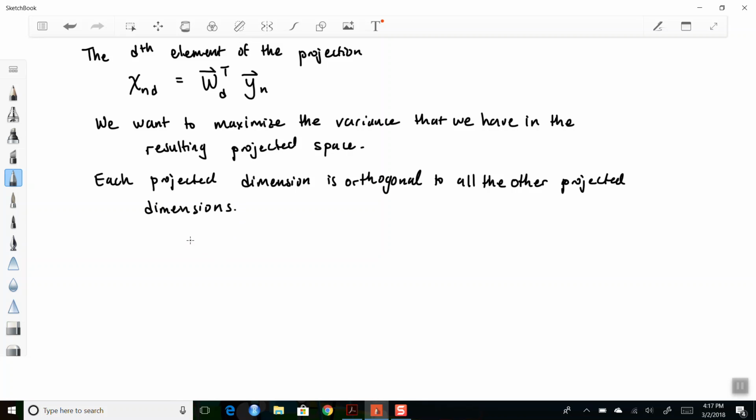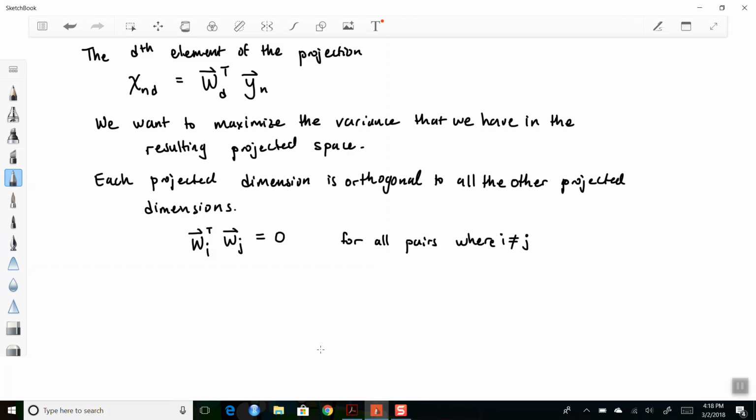Okay, so that means when you have Wi, the vector, so this is the projecting, the weighting vector for the i-th out of the d dimensions, and if we multiply that by Wj, this is going to equal 0 for all pairs where i does not equal j.